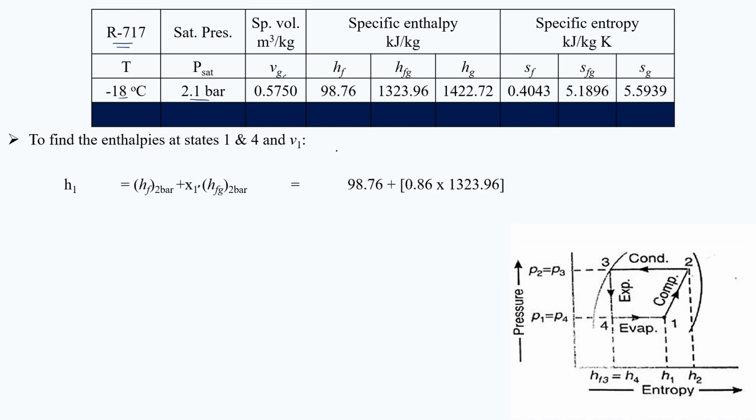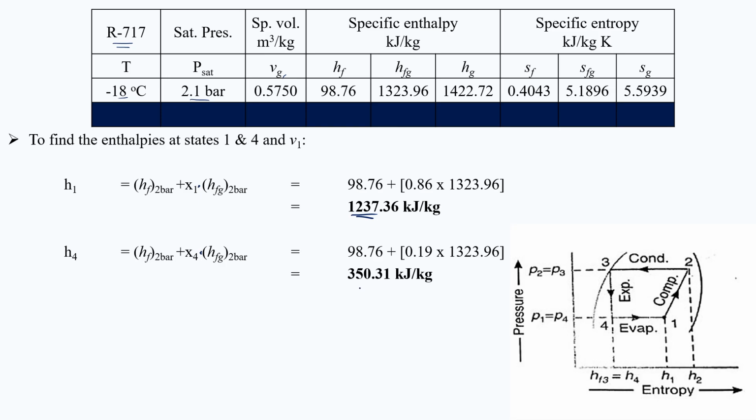By taking values from the table, it will be 98.76 plus 0.86 into 1323.96, which gives H1 to be 1237.36 kilojoules per kilogram. Similarly for H4, the dryness fraction at evaporator entry was 0.19, so it gives 98.76 plus 0.19 into 1323.96, which gives H4 as 350.31 kilojoules per kilogram. H4 will be equal to H3, so H3 is also 350.31 kilojoules per kilogram.